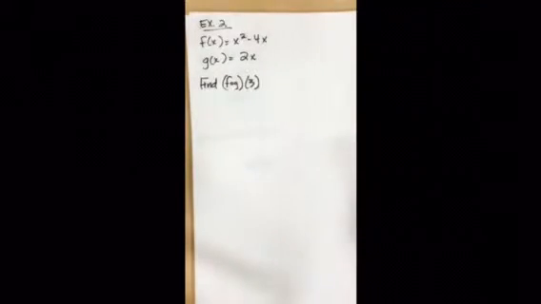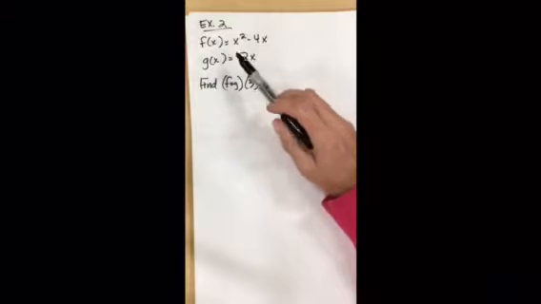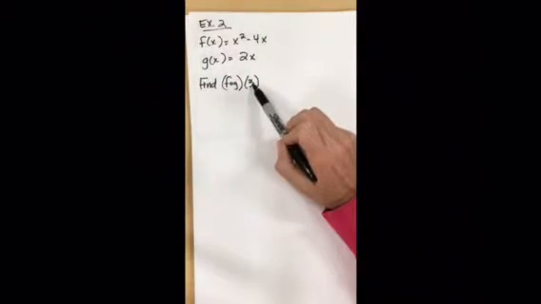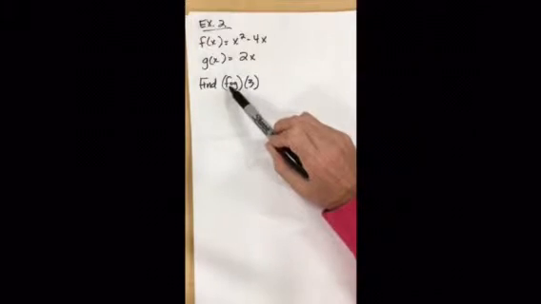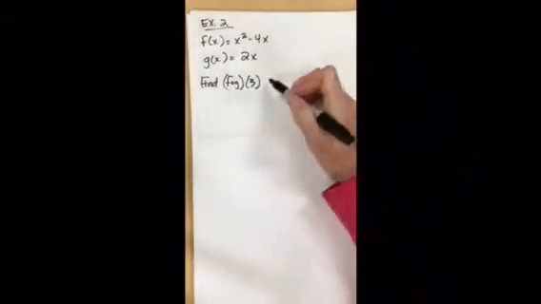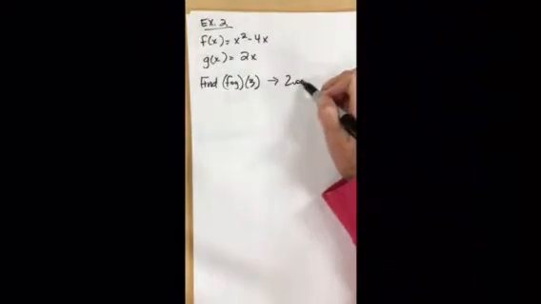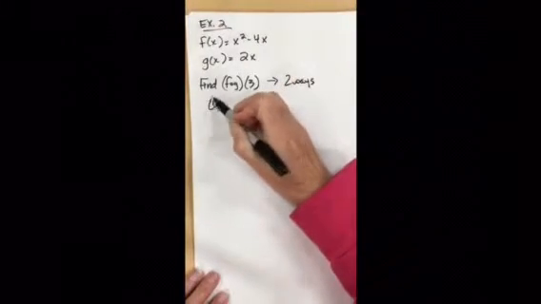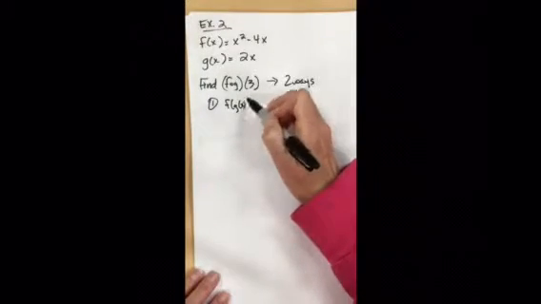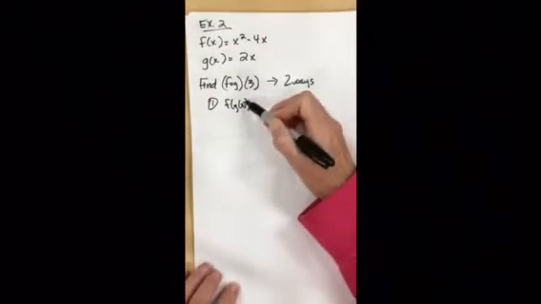For example 2, we want to do the same process, but this time instead of finding f of g of x, we have a value in for x, and so we want to find f of g of 3. There are two ways to do this. The first one is to find f of g of x and then substitute 3 in.